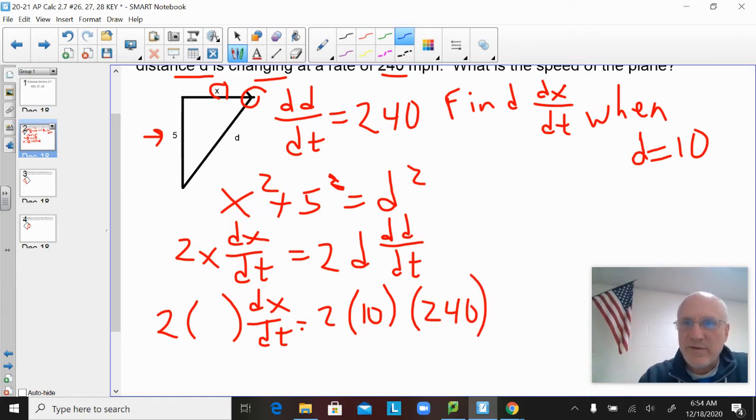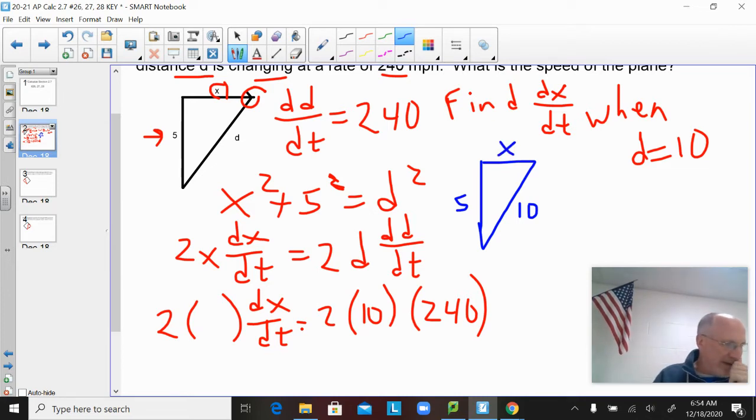So again, we saw this yesterday. At the point where the distance happens to be 10, and that's 5, it wants to know that. Now, you might recognize that as a 30, 60, 90 triangle. It's going to be 5 root 3, but that wouldn't have to jump out at you.